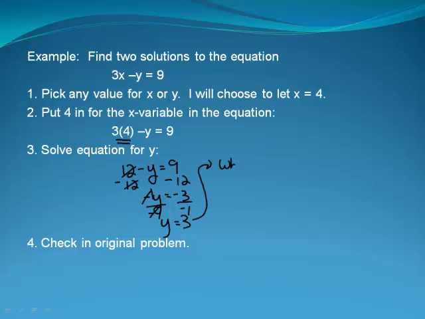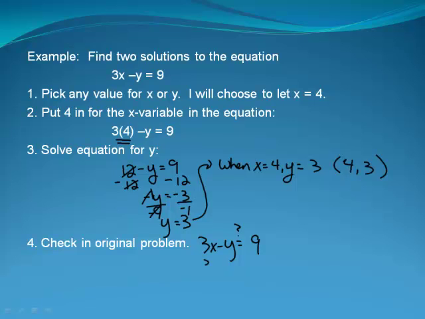Which means for this equation, when x equals 4, y equals 3, and in ordered pair notation, that would be 4, 3. To check our answer in the original problem, to make sure we didn't make a mistake, we've got 3x minus y is equal to 9. When we're checking, our question is, are those two really equal?